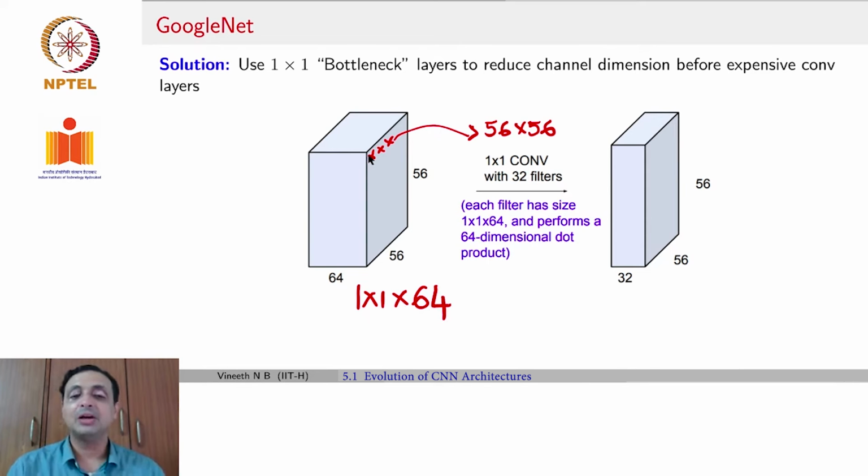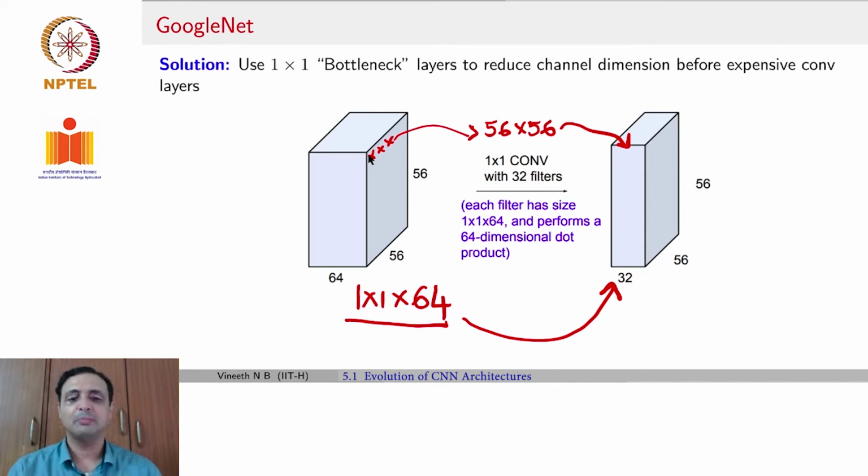But they had 32 such filters, which means 32 such 1x1x64 filters, which results in the output now becoming 56x56x32, because of 32 such filters.